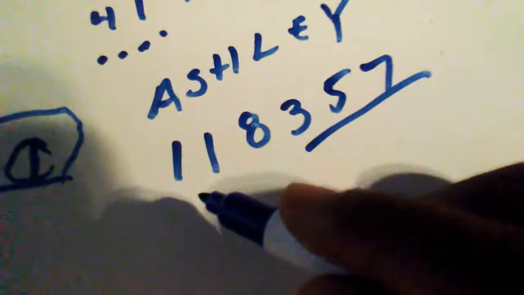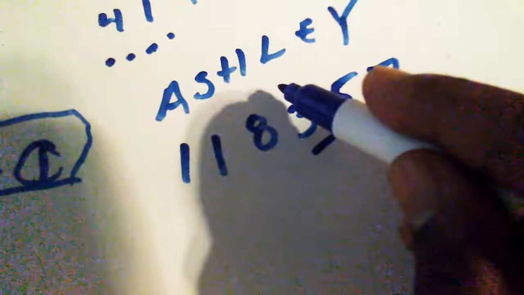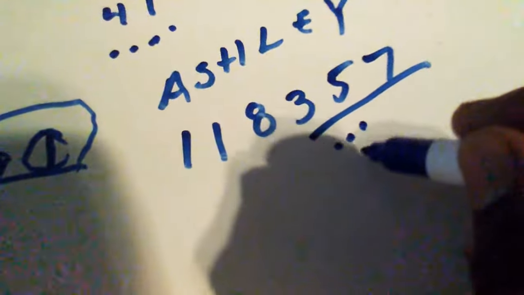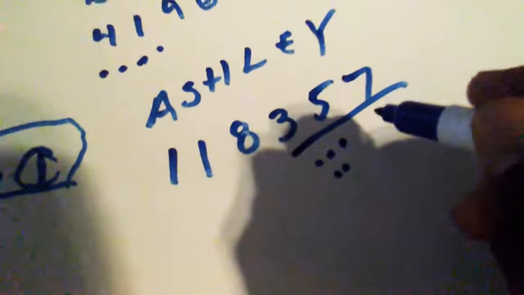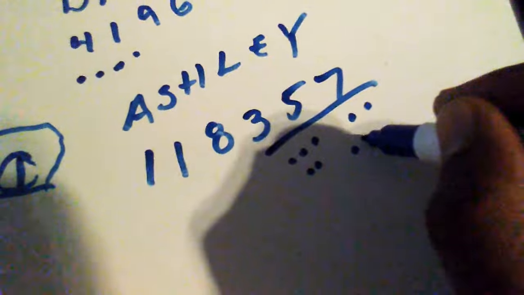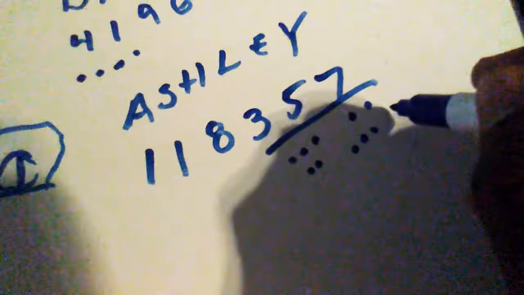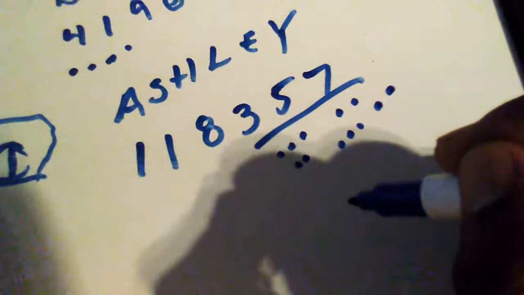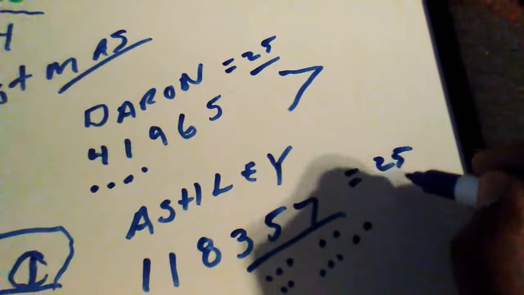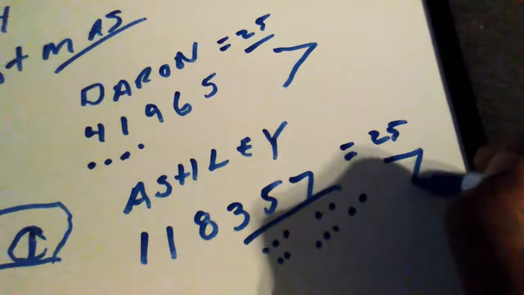Let's do this math. 8, 9, 10, up through 24, 25. That equals 25. So you have another 7.